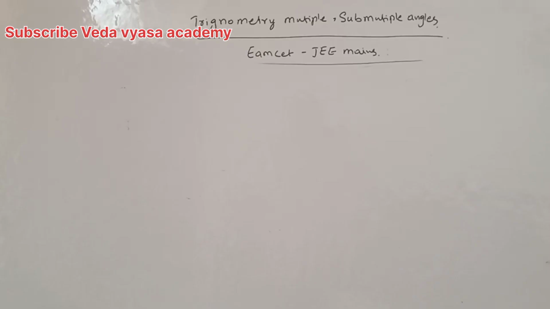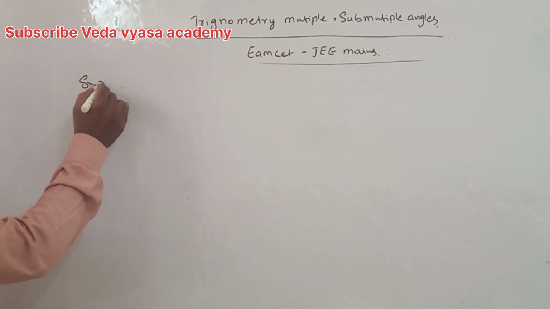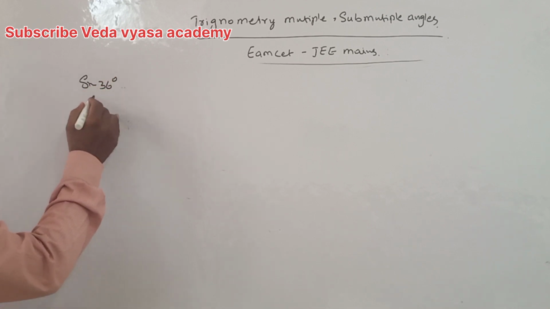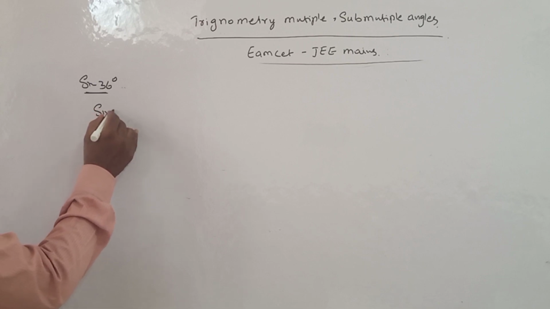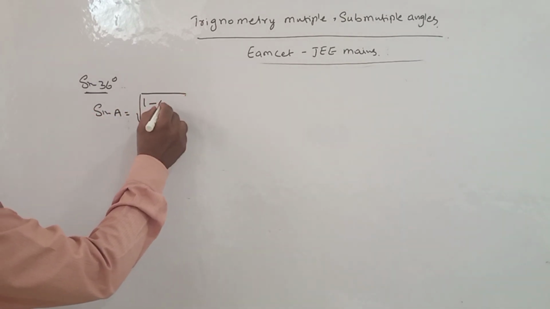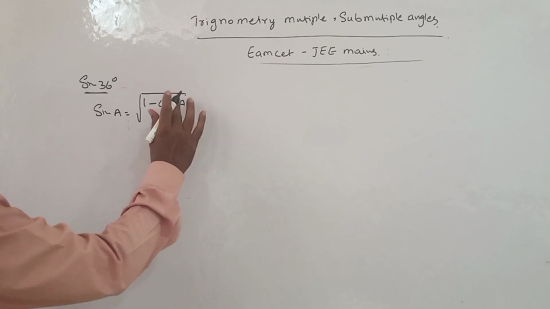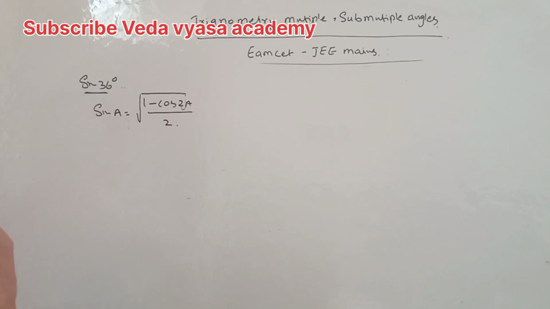That's all. Dear viewers, we have to find the sin 36 degrees value. We know sin a is equal to root over 1 minus cos 2a by 2.